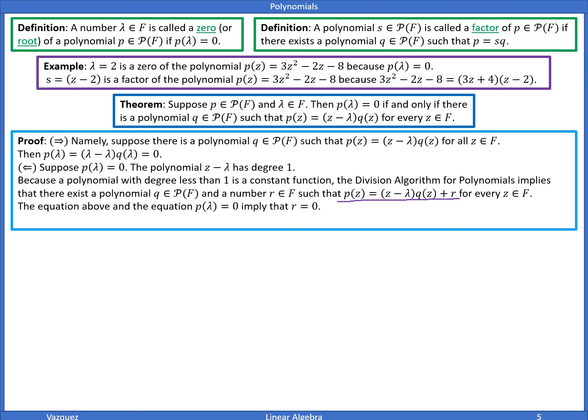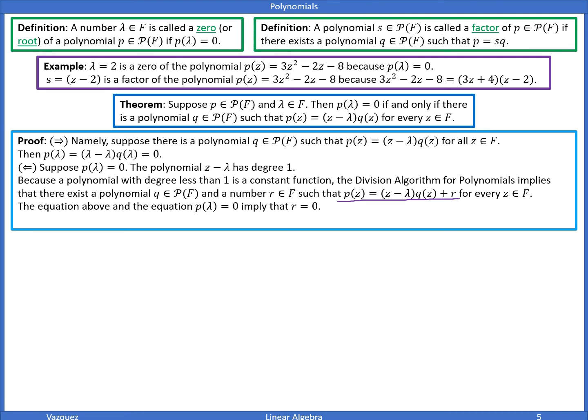Well, this equation, the one I underlined in purple, and the equation p of lambda equals 0 imply that r is equal to 0, right? So why is that the case?